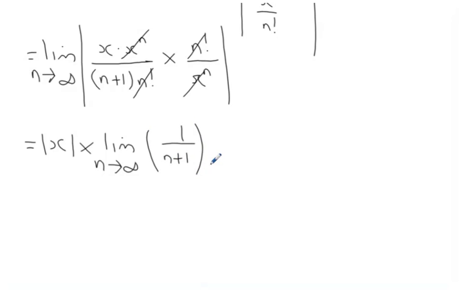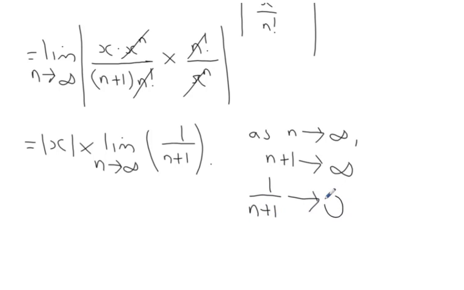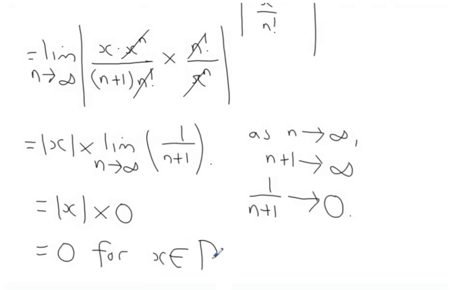As n approaches infinity, n plus 1 will definitely approach infinity, and 1 over n plus 1 is going to approach 0. So now we have the absolute value of x times 0, which equals 0 for all real x.